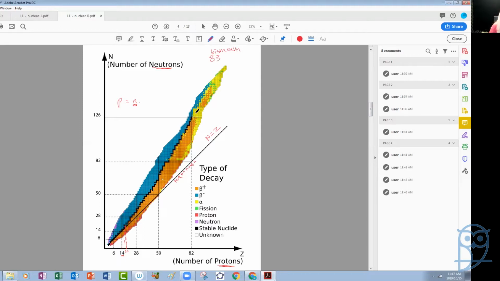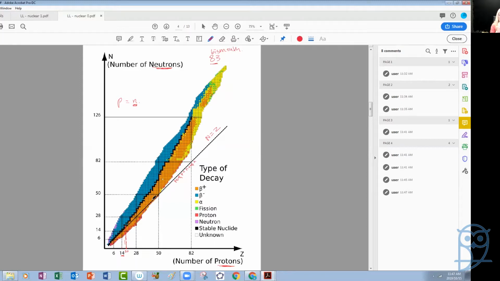Above bismuth, all the isotopes that lie to the right-hand side of this dotted line at 82 are now unstable. There are no stable nuclides beyond bismuth. That is why we see these black isotopes that represent the stable isotopes disappear. All of them are unstable and decay. At least before bismuth, there are some stable isotopes that we can find in nature.